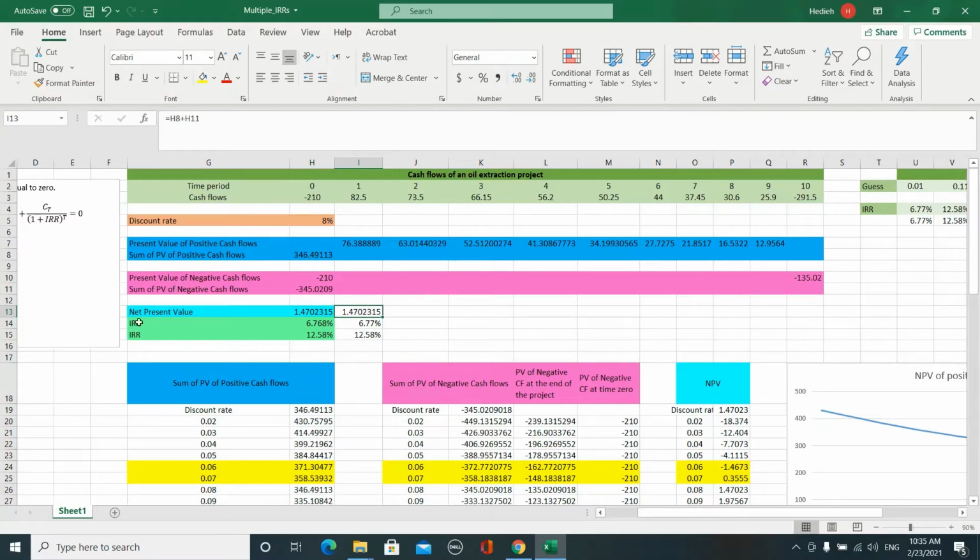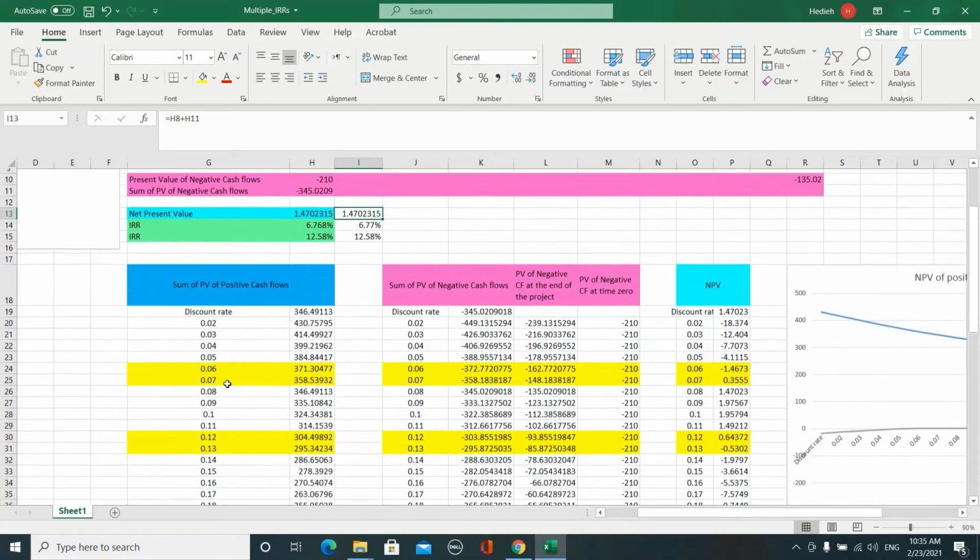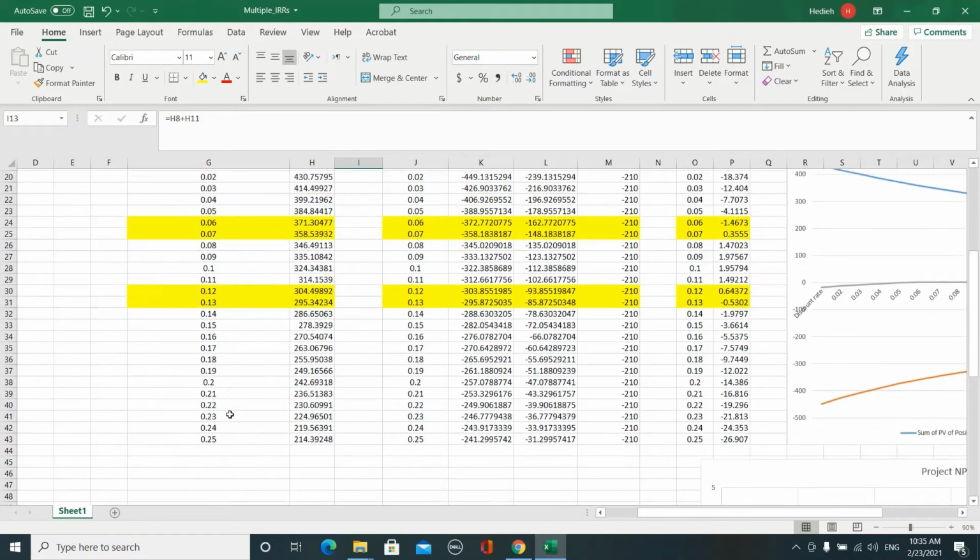Okay, so I've already found internal rates of return for my project. Now what I want to show you is why for a given stream of cash flows we observe two internal rates of return. I create three tables. In the first table, I calculate the sum of present value of positive cash flows for different interest rates or different discount rates.